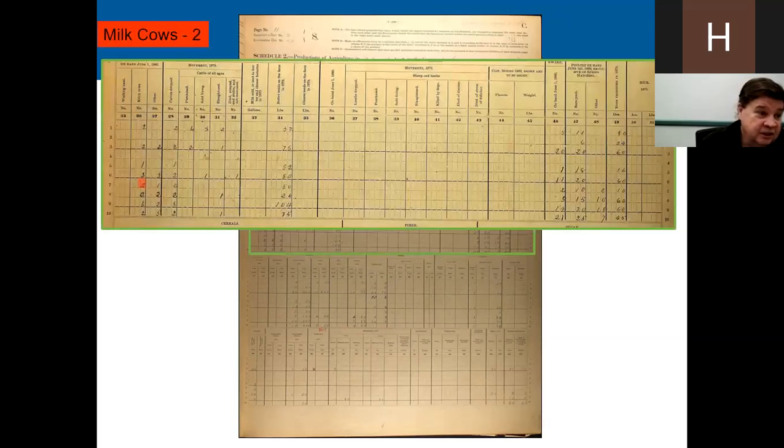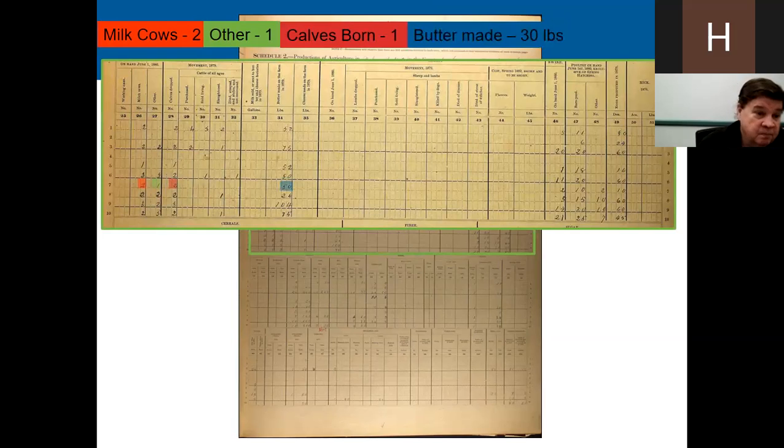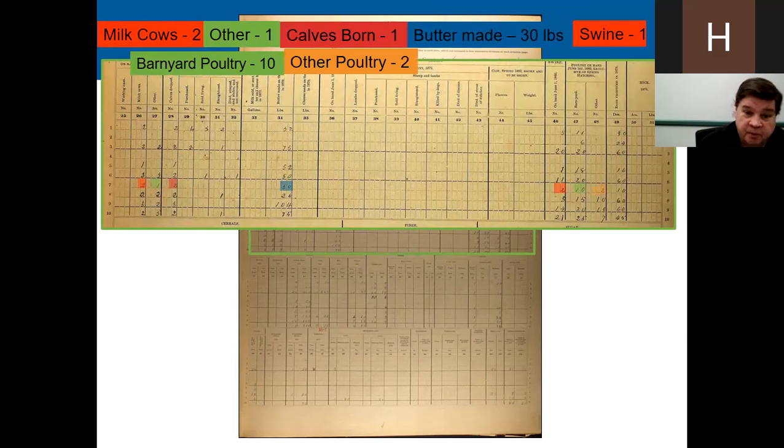Go down to the next line. He had 2 milk cows, 1 other cow, and 1 calf was born during the past year. They made 30 pounds of butter. They had 1 pig. They had 10 barnyard poultry. They had 2 other poultry, and I have no idea what that is.